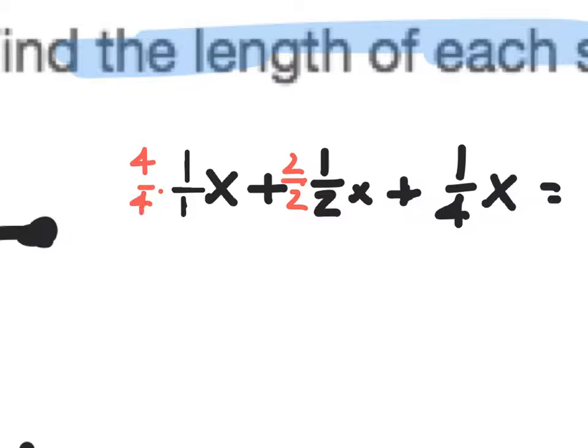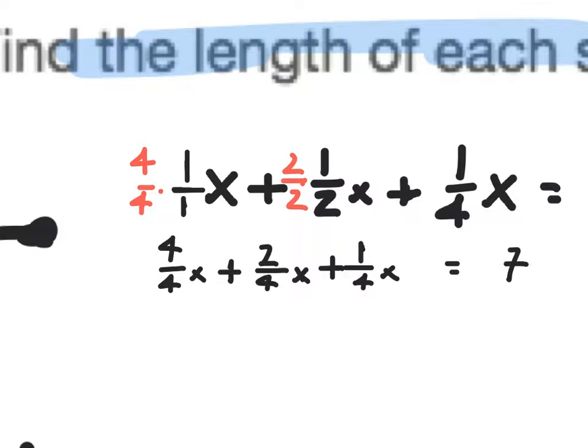As a result, I'm going to get 4 over 4 x plus 2 over 4 x plus 1 over 4 x, and that's going to be equal to 7.